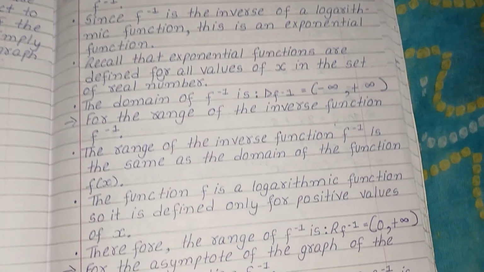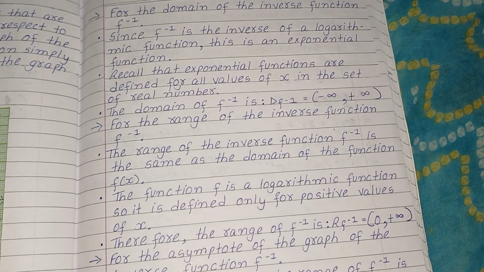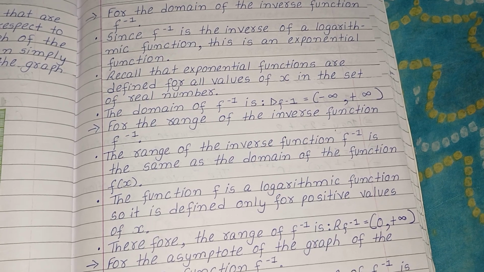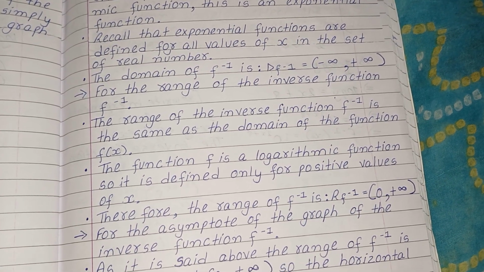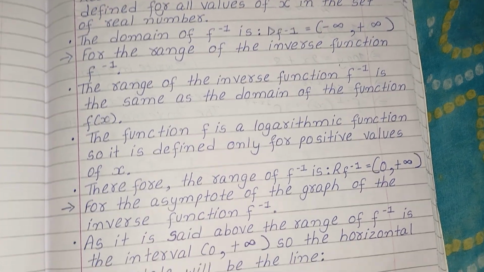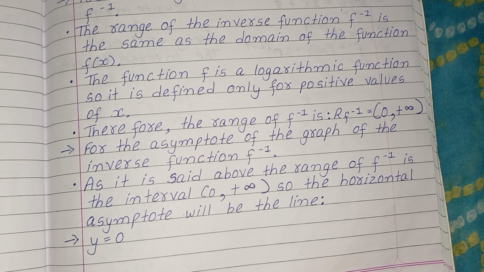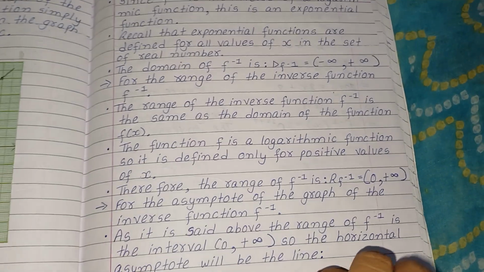Now here you can see I have done the solution. Recall that exponential functions are defined for all values of x in the set of real numbers. Then the domain of f^-1 is this. Then for the range, therefore the range is this, as said above. You can see here.